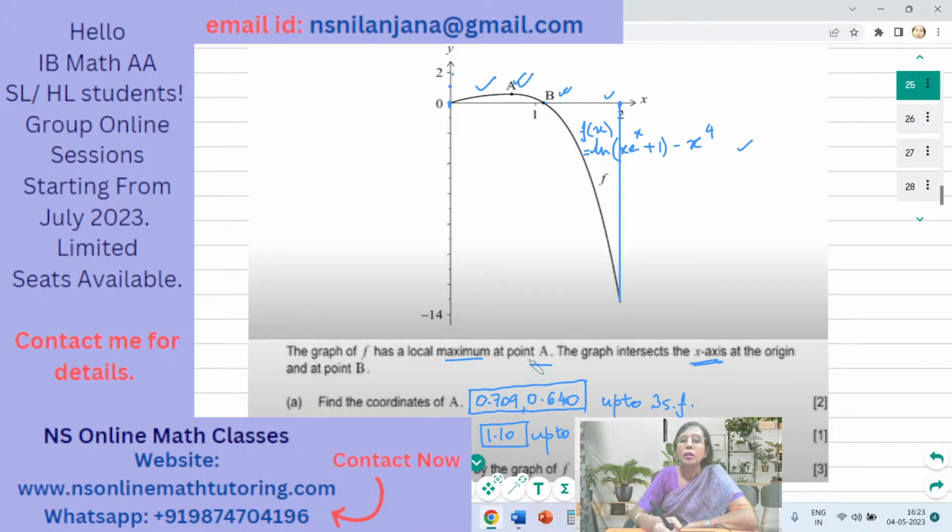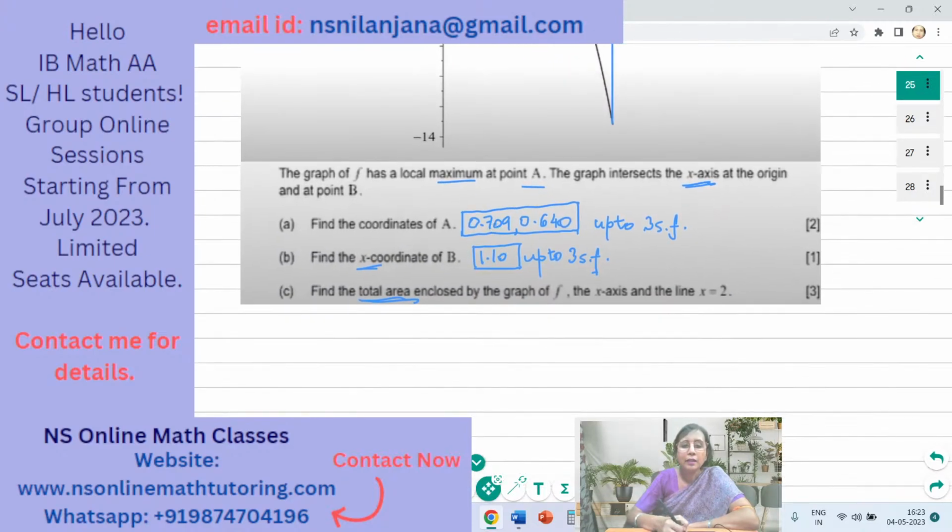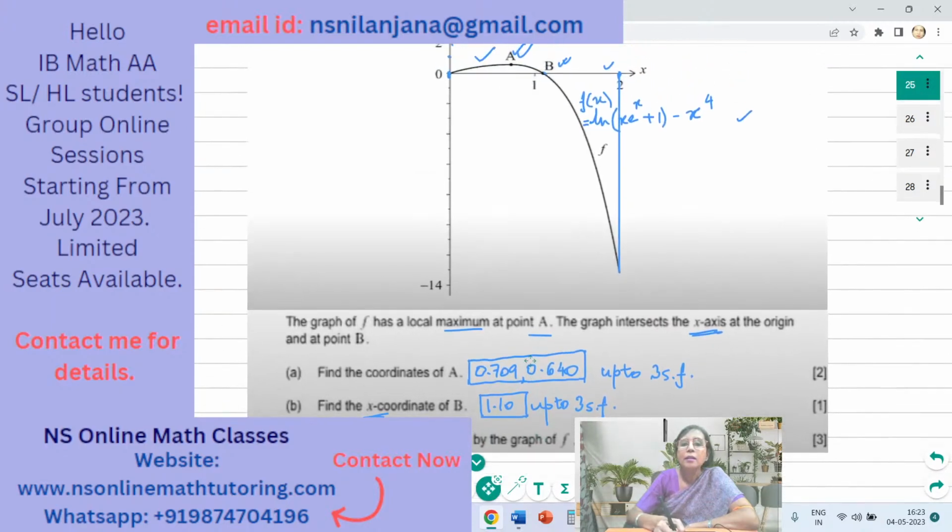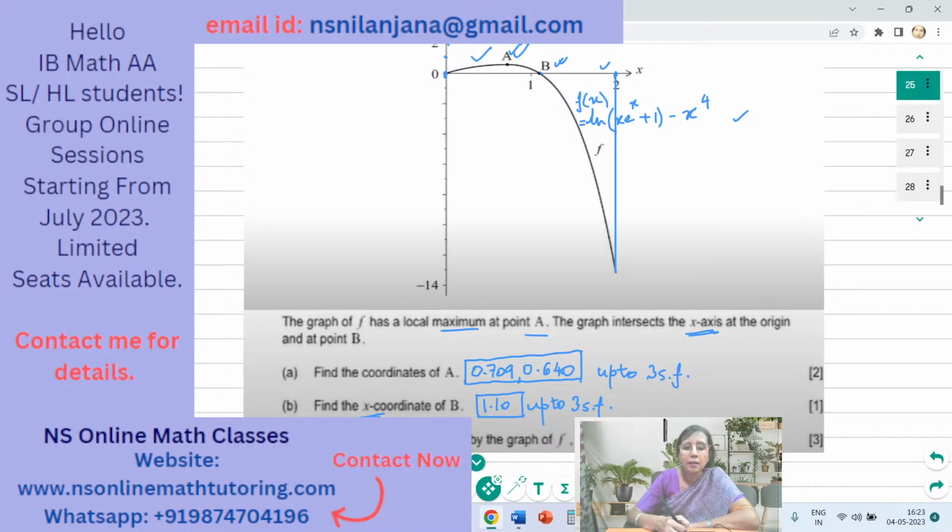So we have to, in fact, get the total area. They're saying get the total area. That means you have to get this area plus this area.